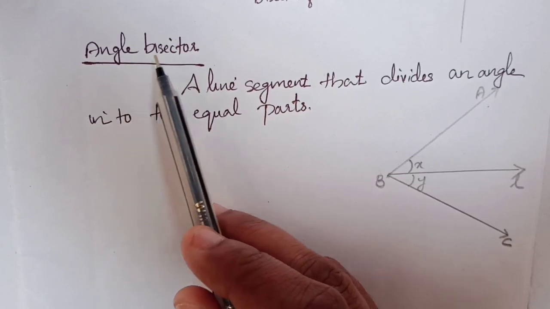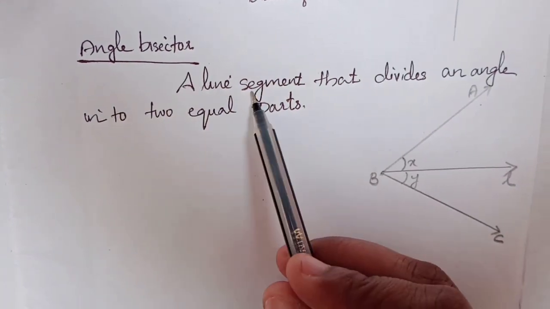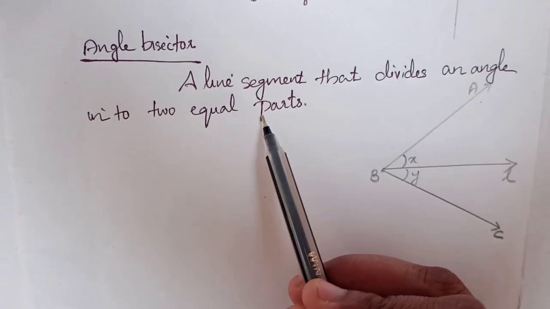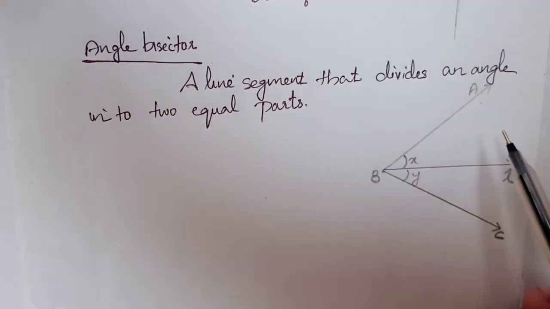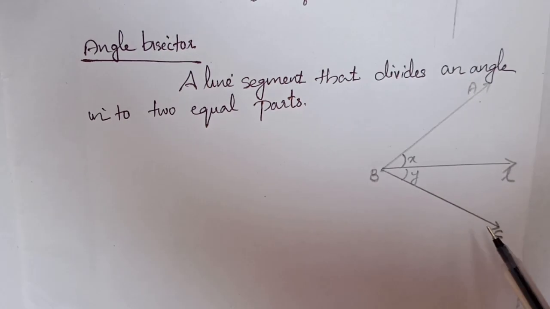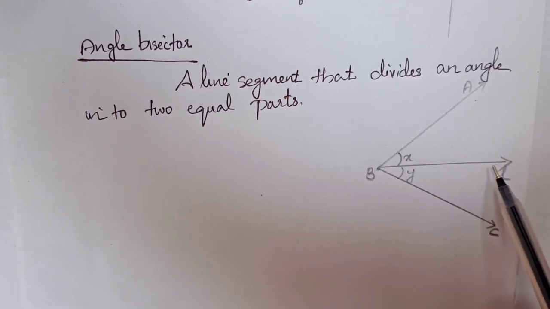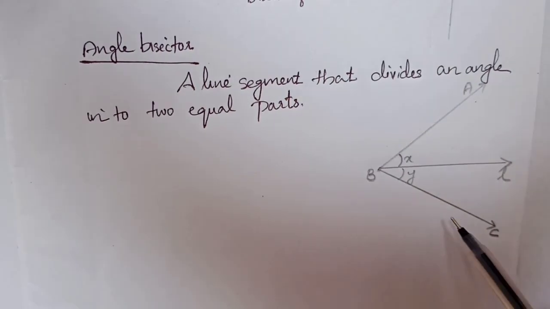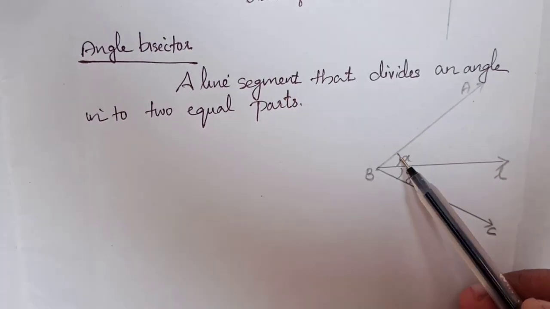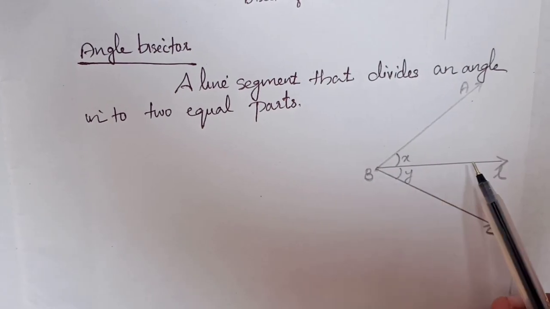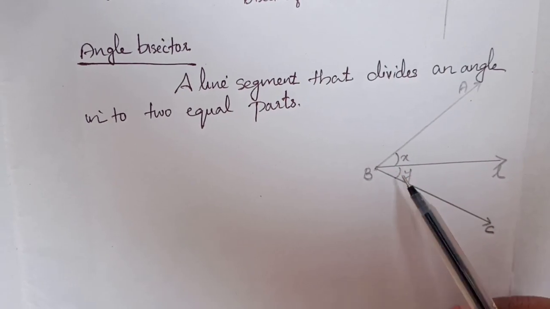Next, angle bisector. A line that divides an angle into two equal parts. Consider an angle ABC. This ray L divides angle ABC into two angles X and Y. L is called the angle bisector if x is equal to y.